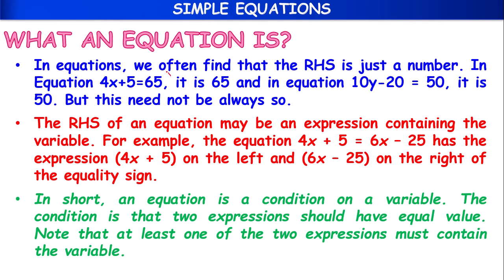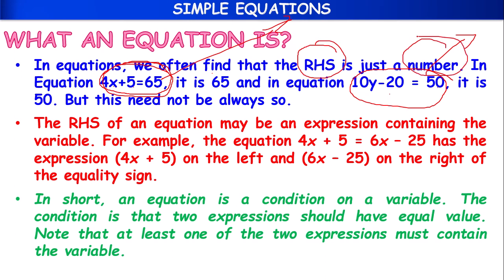In most equations, like 4x plus 5 equal to 65 or 10y minus 20 equal to 50, we observe that the RHS most of the time will be just a number and the LHS will contain the unknown variable.